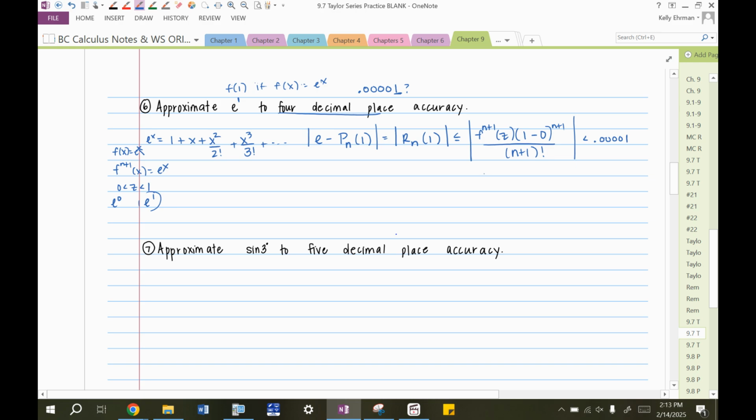So now I know that this is e times 1 to the n plus 1 over n plus 1 factorial. That's got to be less than 0.00001. And what is that? 1/10,000th? No, that's 10,000. 1/100,000th, I think.